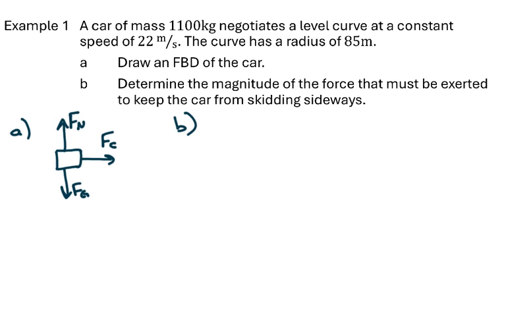In B, to now determine the magnitude of the force that must be exerted to keep the car from skidding sideways, this is the magnitude of the centripetal force. So that's what you've been asked to find. What do we know? We know we have a mass of 1100 kg.